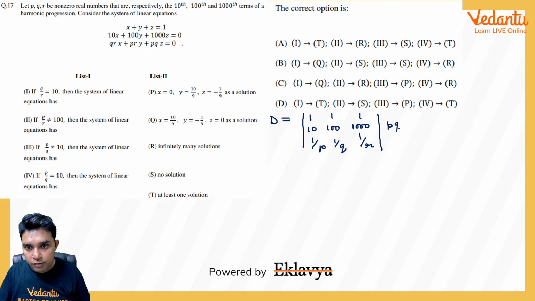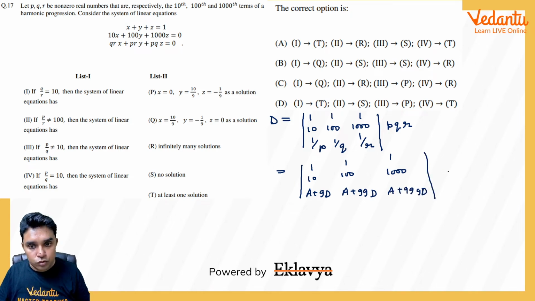Then, as 1 upon P is the 10th term of the HP, I can write this as 1 plus 9D, same way as in my first method, and this will be A plus 99D, and A plus 990D. Now if you solve it, you can check, it comes out to be 0.